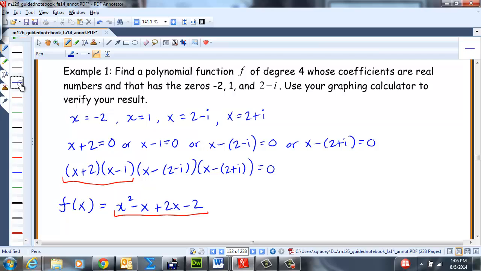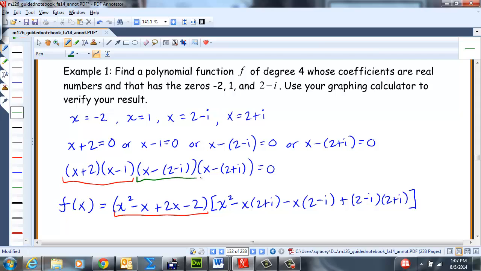So this is this times, we'll have x squared minus x times quantity 2 plus i, minus x times quantity 2 minus i, plus 2 minus i times 2 plus i. So this is the second one.